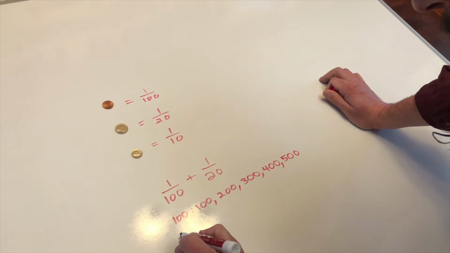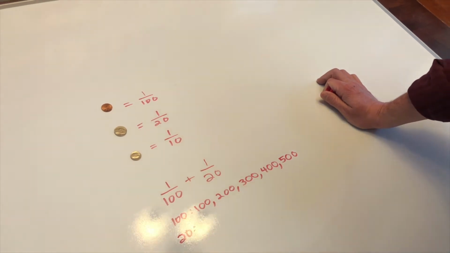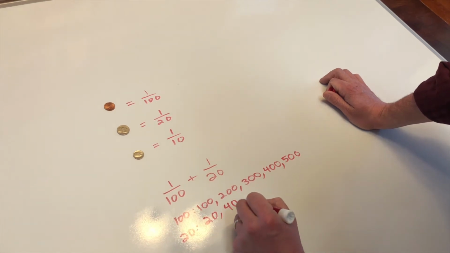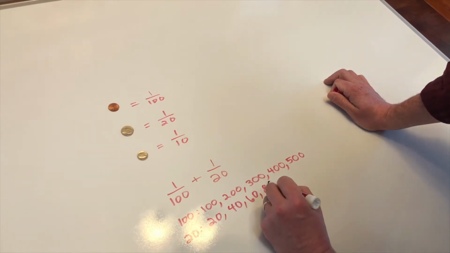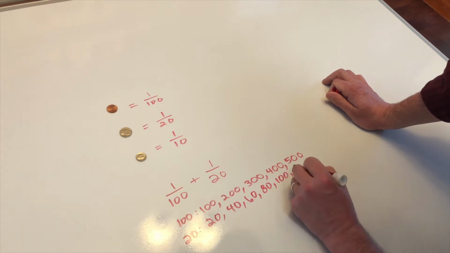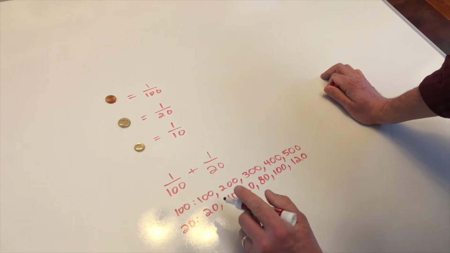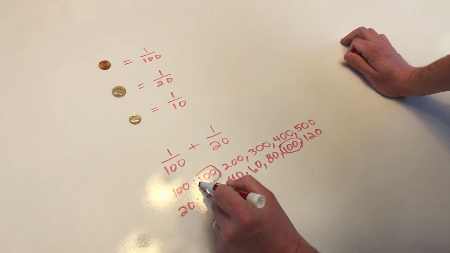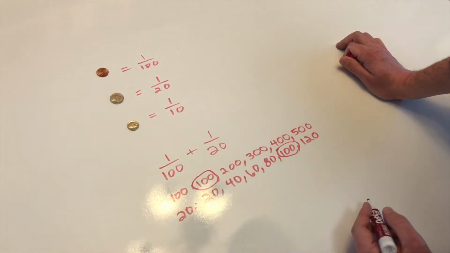And then I take my other denominator, 20. What I'm doing right now is trying to find the least common denominator. Well, 20, 40, 60, 80, 100, 120. Is there a number here that's in both of these lists? Yes. 100 is the least common denominator. So that's what I'm going to use.